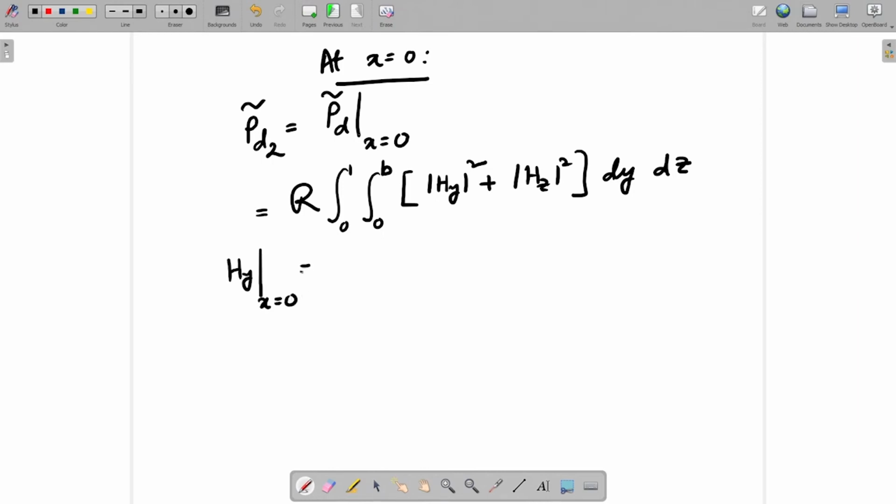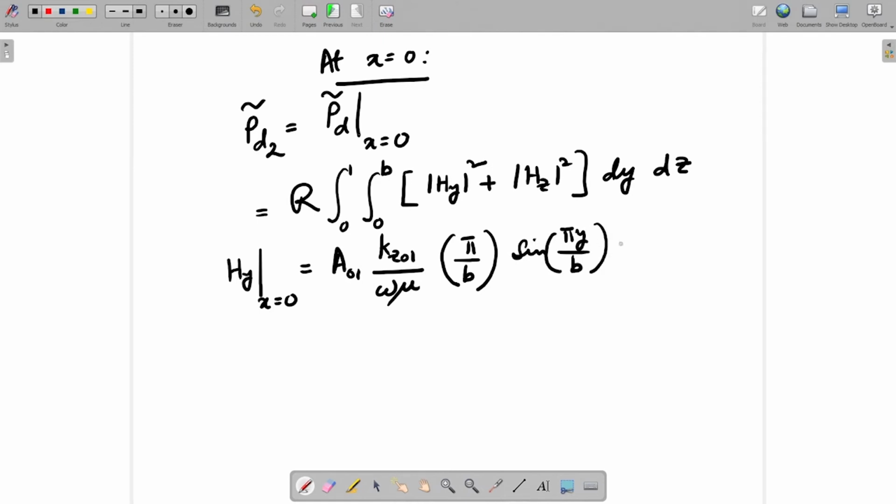Hy at x equal to 0 will be given by A01 kz01 by omega mu, pi by b, sin pi y by b, e to the power minus j kz01 z.